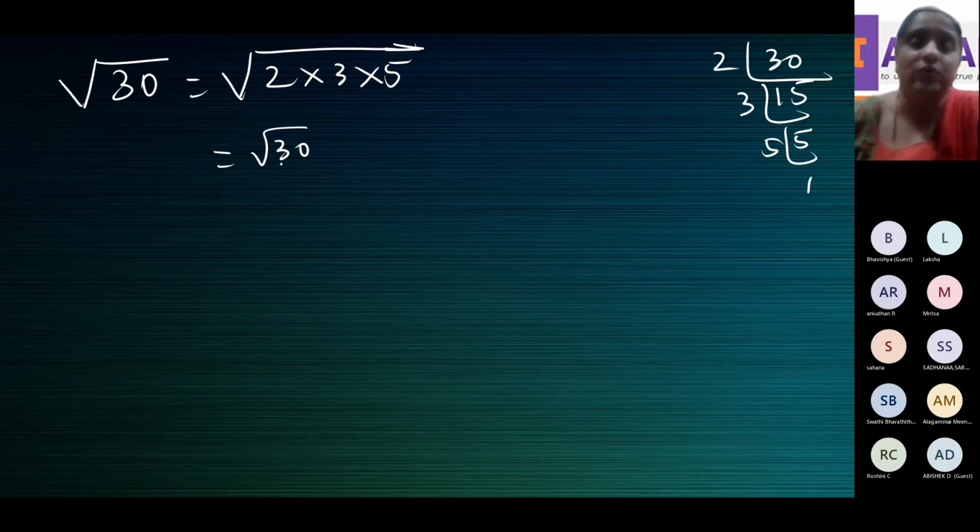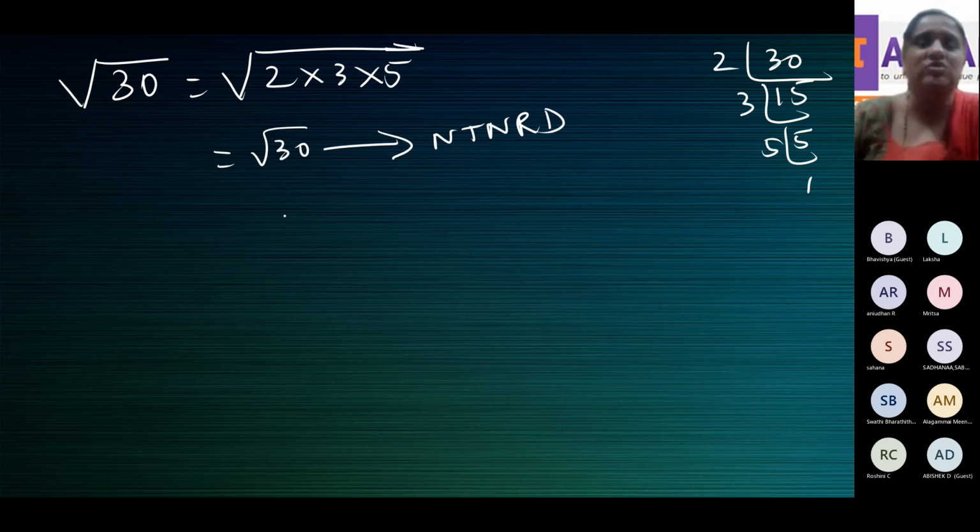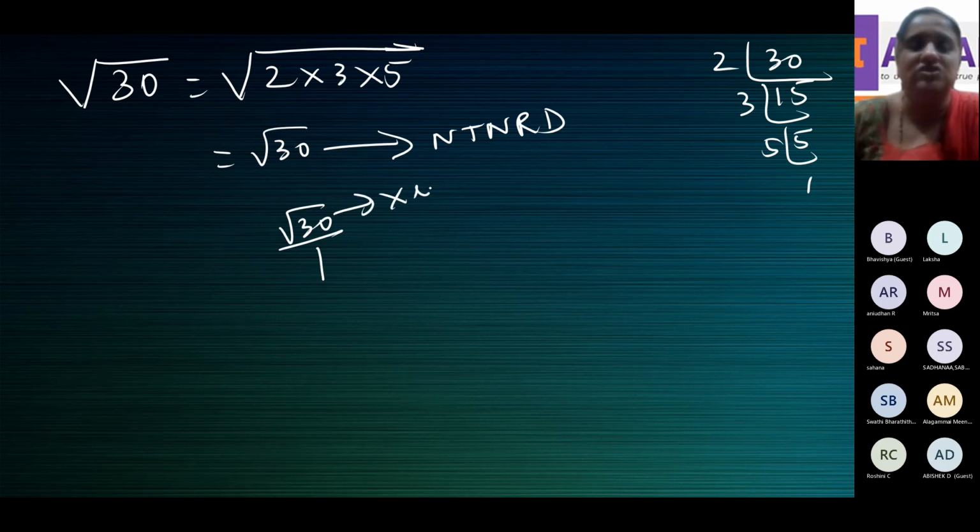All right. Now the square root of 30, since 30 is not a perfect square, the value of root 30 will be a non-terminating, non-repeating decimal. Why? Because it does not have a P by Q form. Even if you write root 30 as root 30 by 1, the numerator is not an integer.